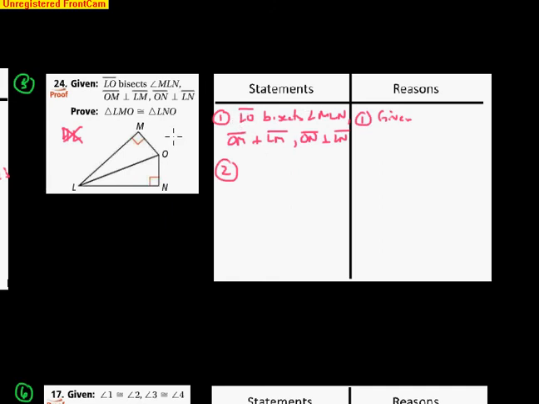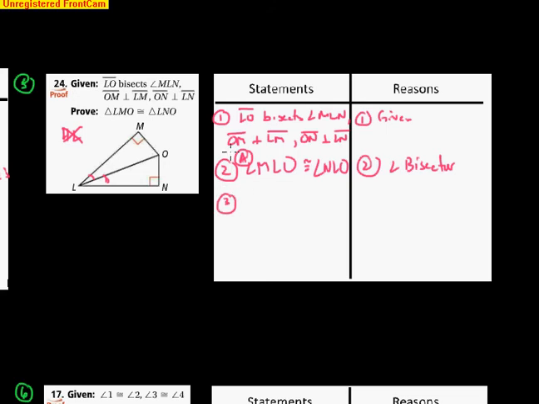Segment LO bisects MLN. So find where MLN is. MLN is down here. That means that these two angles are congruent. Angle MLO is congruent to angle NLO. And that is because of an angle bisector. And there's a pair of angles.